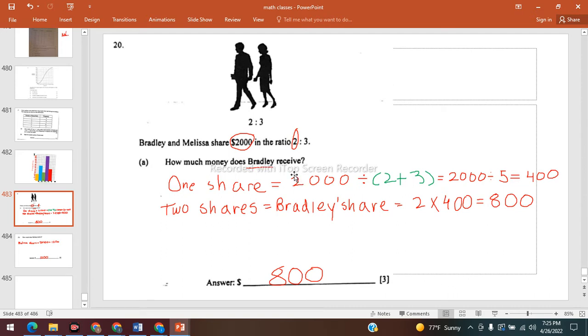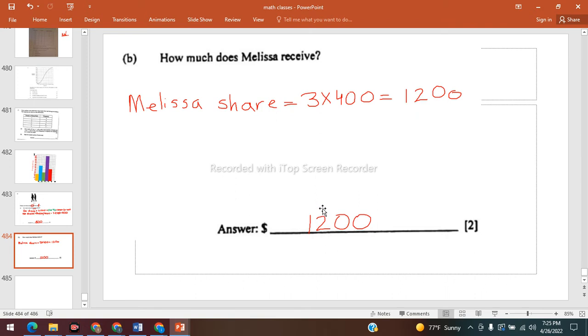If we subtract 800 from this 2,000, we could get Melissa's share because why? Because both of their shares together are supposed to add up to 2,000. Yes. We already know Bradley got 800, so if we do 2,000 minus 800, that'll give us the 1,200 we need for Melissa. So that's also another way to do it, by subtracting.